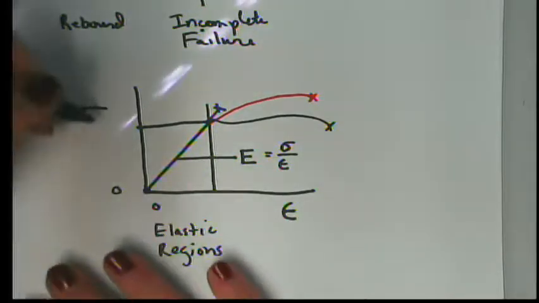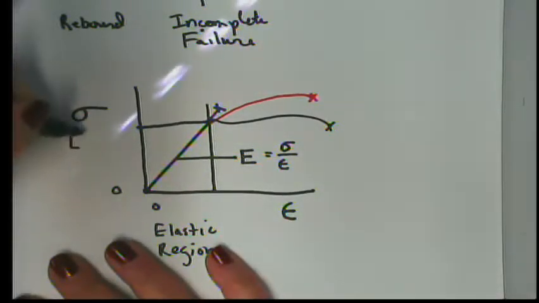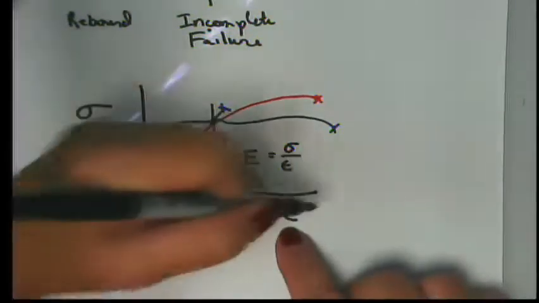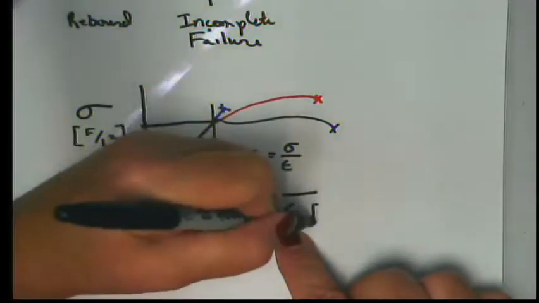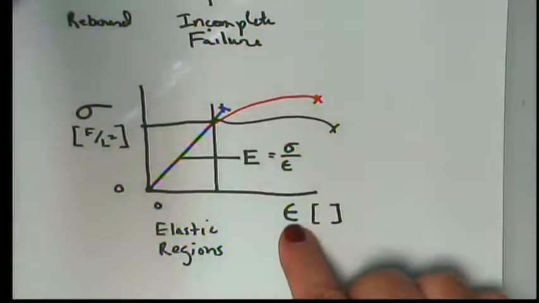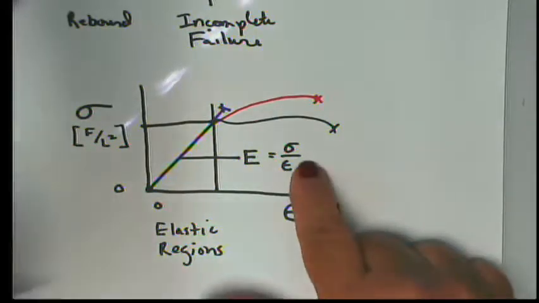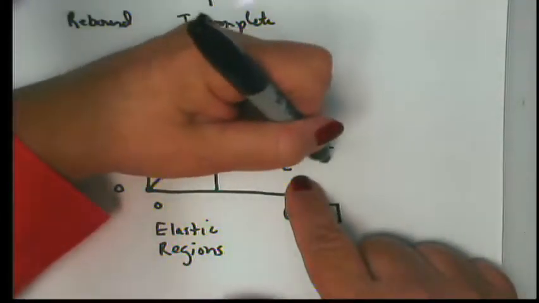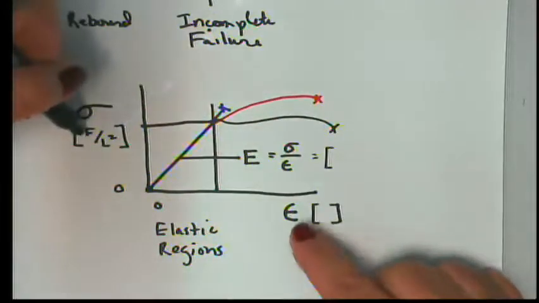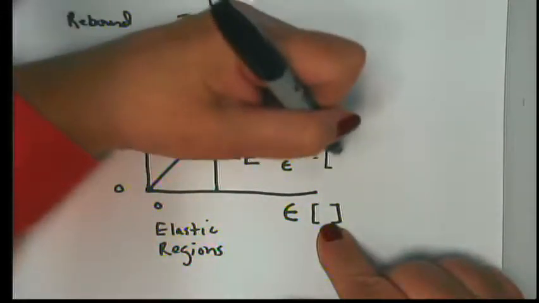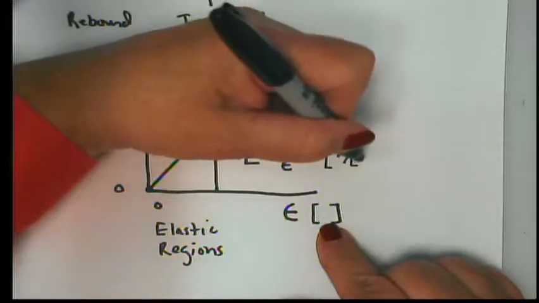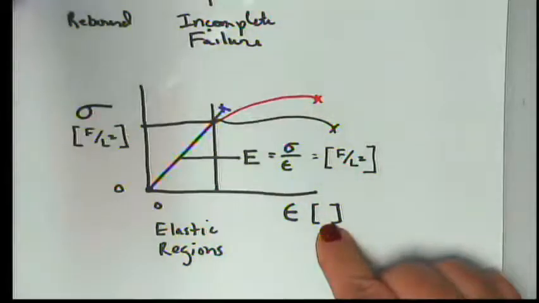The units of sigma are force per area, or force per length squared. The dimensions of epsilon are nothing, dimensionless, because it's a length over length. So the dimensions of the modulus of elasticity are just force per length squared.